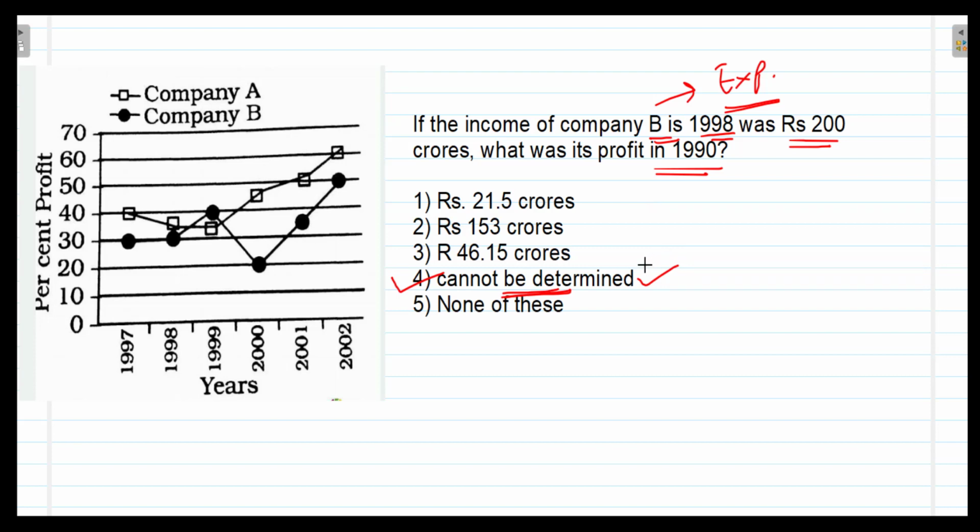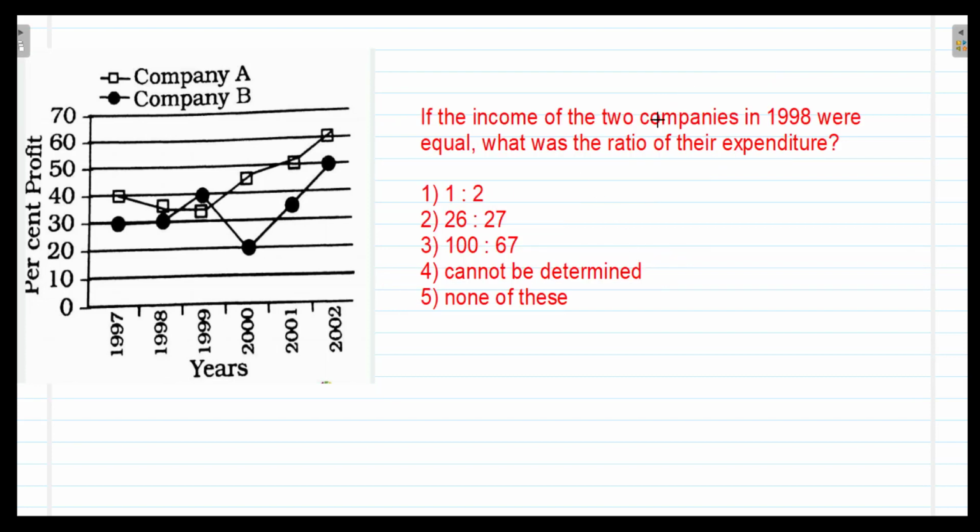Let us see the next question. If the income of two companies in 1998 were equal, that is, income of company A and income of company B are both equal in 1998, we have to find the ratio of their expenditures.